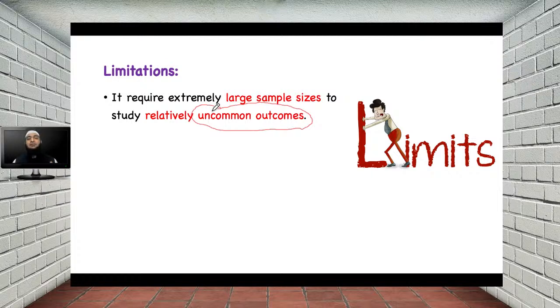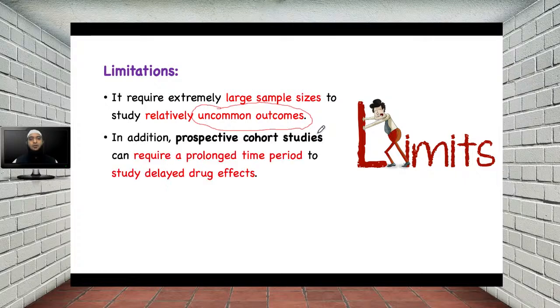So the percentage is very small, just 2 to 3%. To recognize this 2 to 3%, you need to give the medicine to a large sample size. Only then can you recognize the patients who might have produced an allergy to penicillin. So this is one limitation.